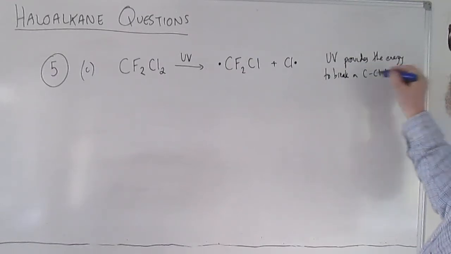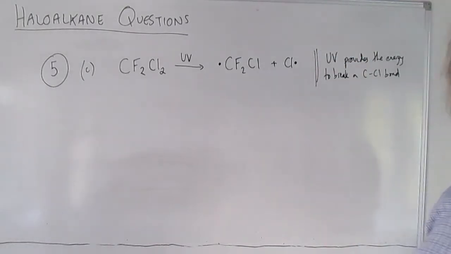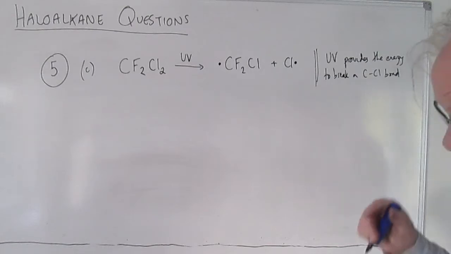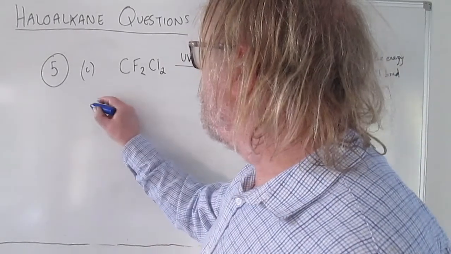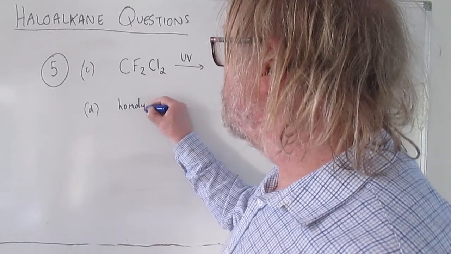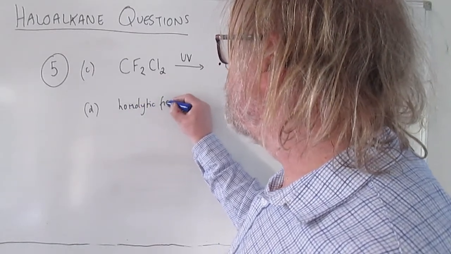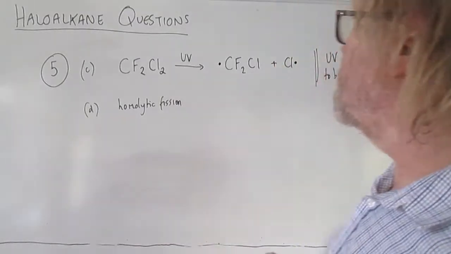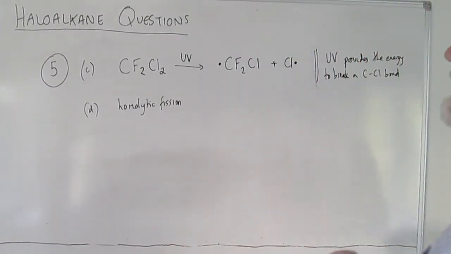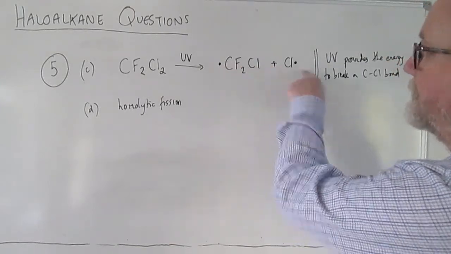Okay, because it's all about just spelling it out to make sure that the examiner knows that yes, you understand what's going on here. And then it asks what kind of bond breaking event that is, and we've already used that term. It's homolytic fission, which means, remember, that when the bond breaks, one of the participating atoms gets 1 electron, the other gets the other. So the carbon gets 1, the chlorine gets the other.